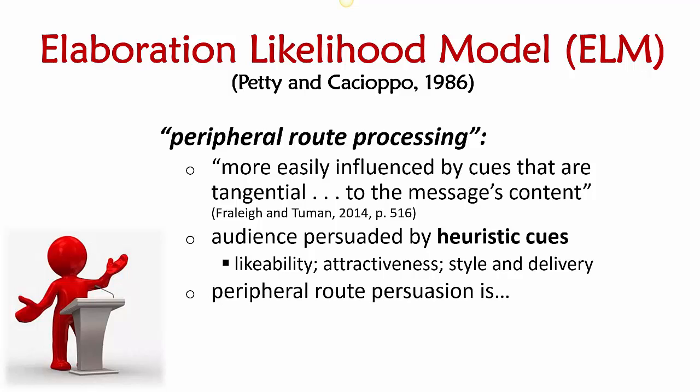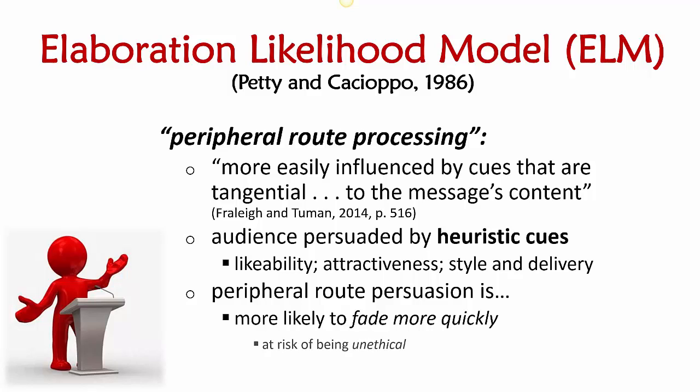Now, peripheral route persuasion can be problematic for a couple of reasons. One is that peripheral route persuasion is more likely to fade more quickly. In other words, you may get some short-term attitude shift, but in the longer run, it's really not going to stick with them. And also, peripheral route persuasion, depending on how it's handled by the speaker or whoever the message source might be, is at risk of being unethical.